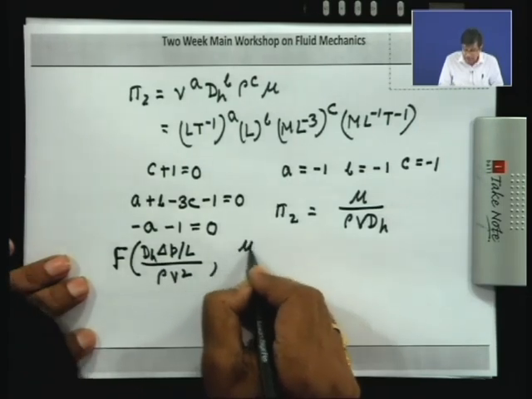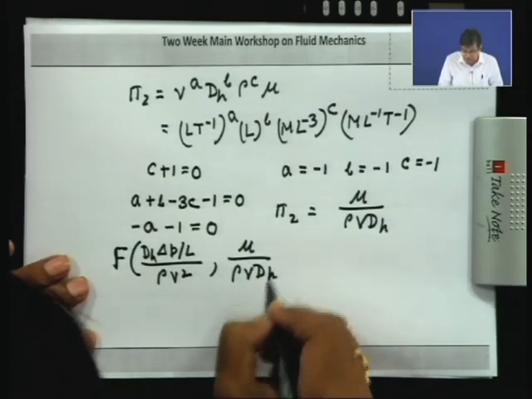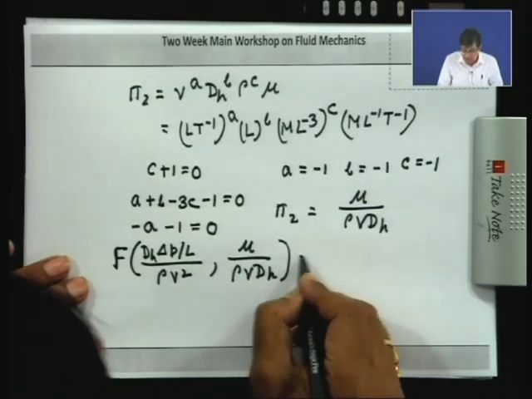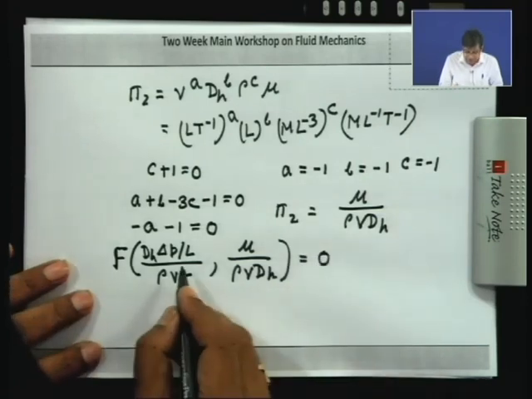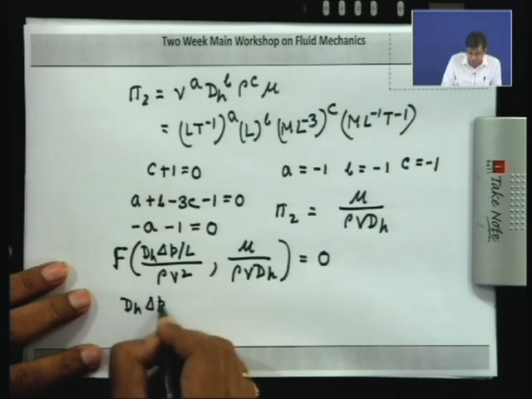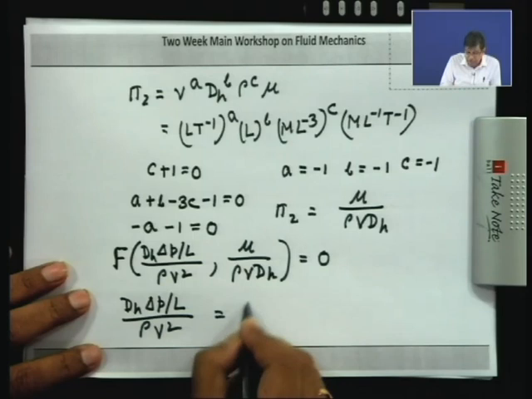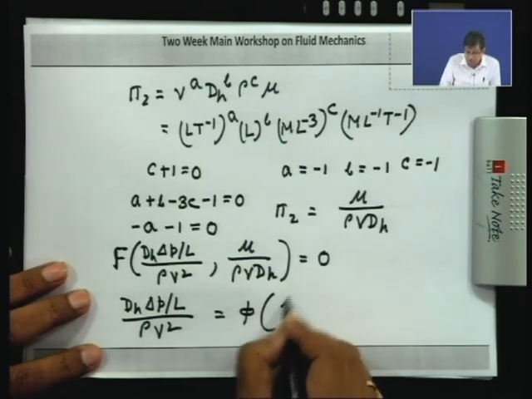That means the number of variables in terms of non-dimensional terms, which represent the dynamic similarity, is reduced to 2. That means one can write the other way, that dh delta p by L divided by rho v square becomes some function of mu by rho v dh.